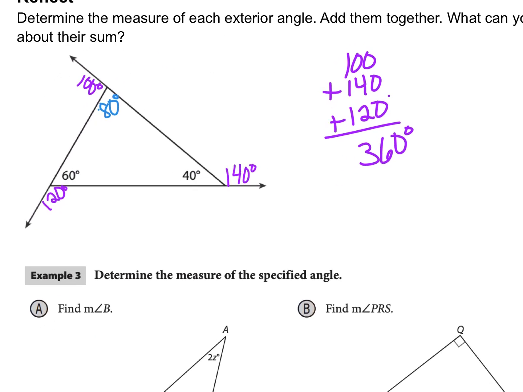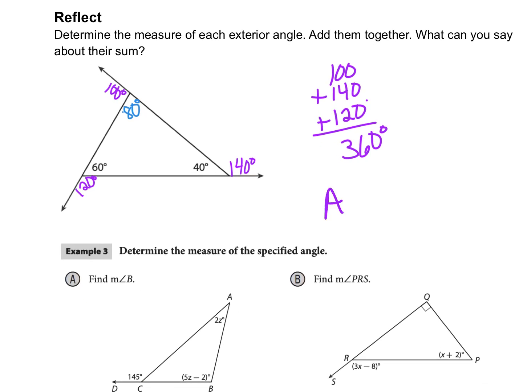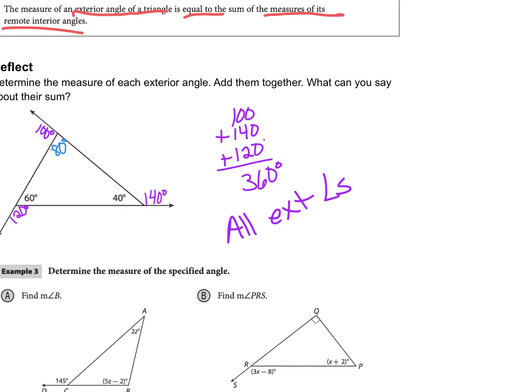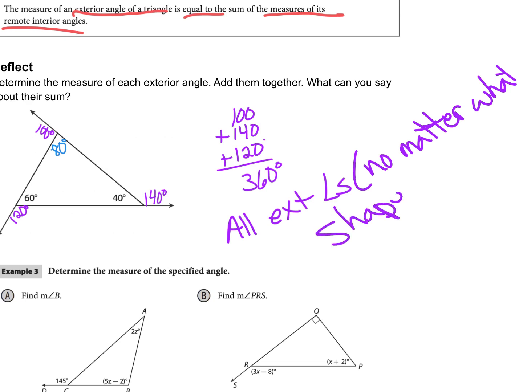Okay? All exterior angles, no matter what shape, add up to 360 degrees.